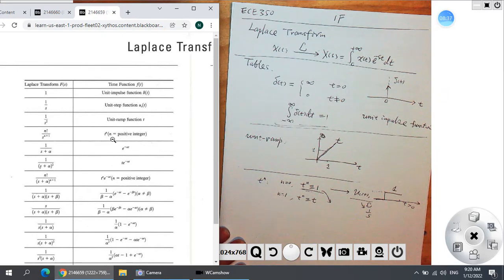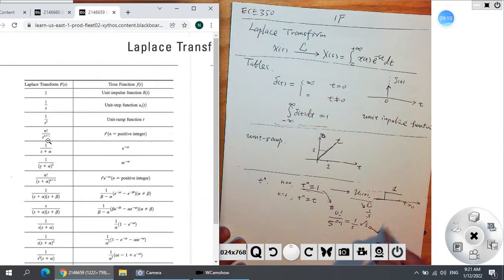When n is 0, that is 0 factorial over s to the 0 plus 1, so s to the 1, just s. So 0 factorial over s, and 0 factorial is 1, so this is 1 over s. Same thing, right? Same.